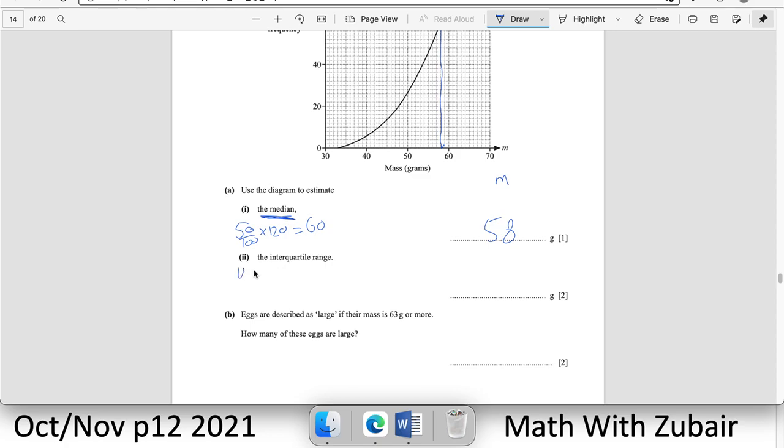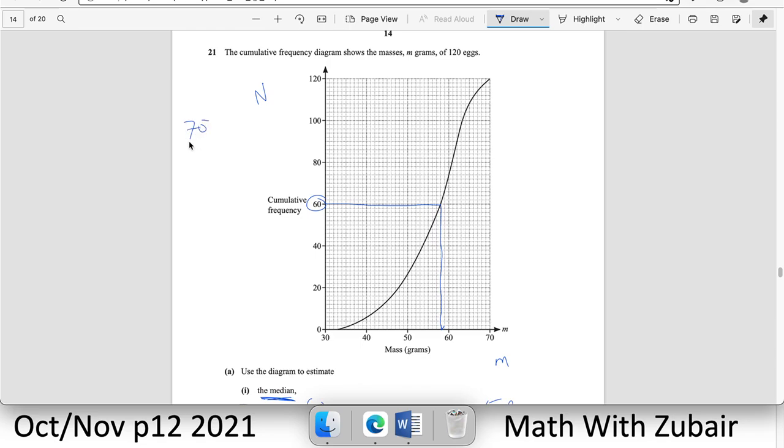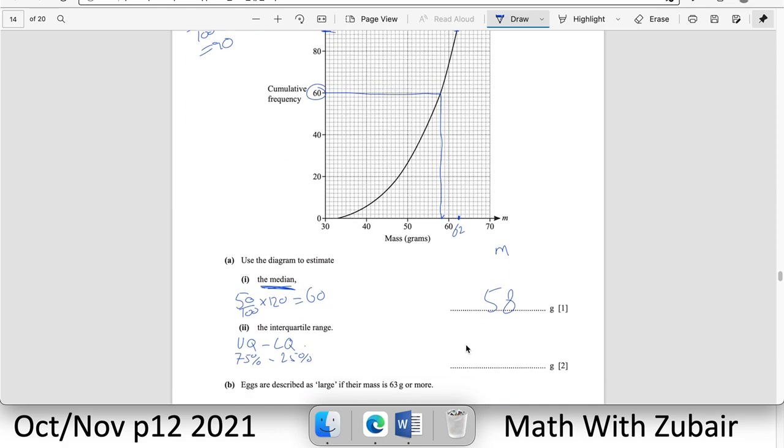The interquartile range is the upper quartile minus the lower quartile. The upper quartile is 75% and the lower quartile is 25% of your total. So 75% of 120 makes 90. So at 90 we go here. This is the second point, and we come down here and read this value, that is 62.